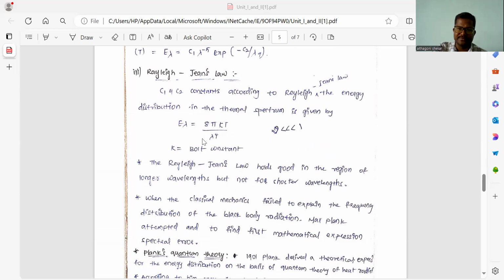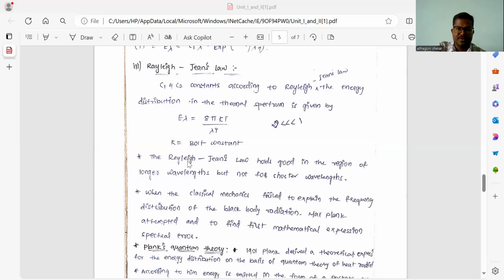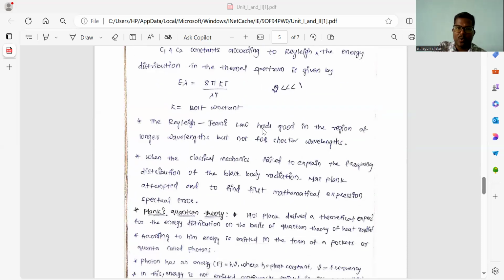So energy or intensity is inversely proportional to the fourth power of lambda. So the Rayleigh-Jeans law holds good in the region of longer wavelength, but not for shorter wavelength.